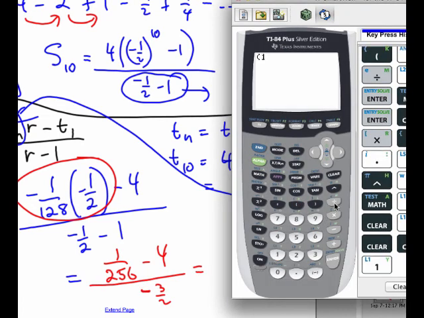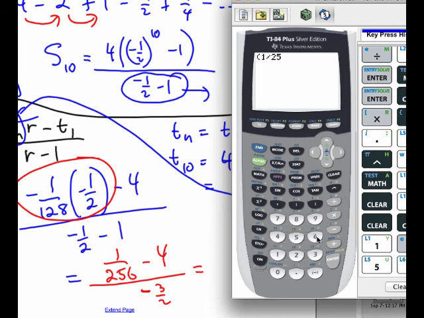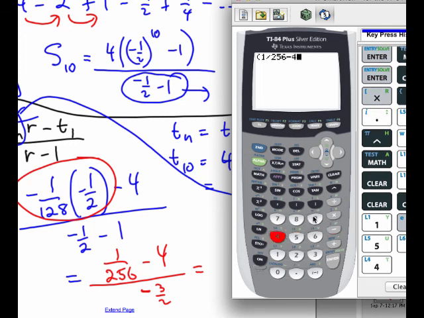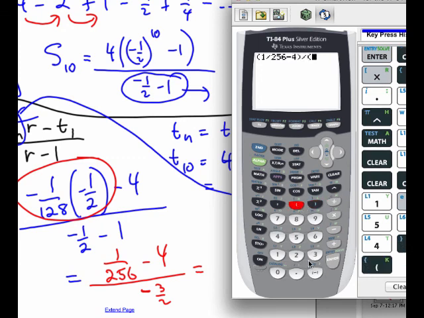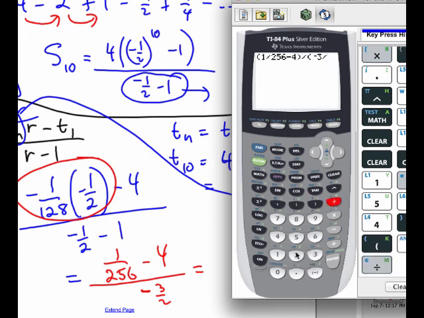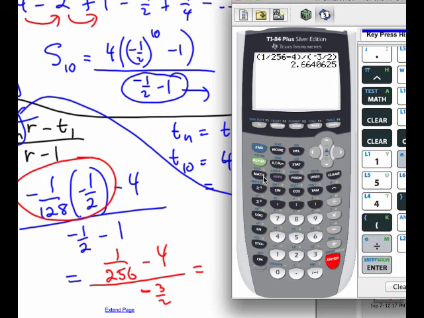And if I plug this into the calculator, I should get the same result as up above. And indeed I do.